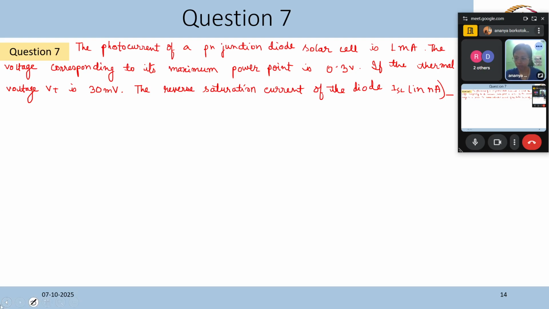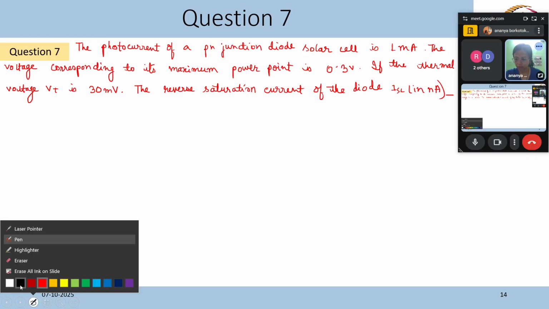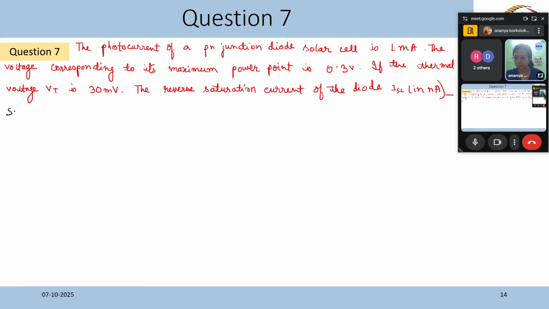So I have to find out IS. It's a solar cell, and what is given to us? Vt is given to us as 30 millivolt, and the photocurrent IL is given to us as 1 milliampere.